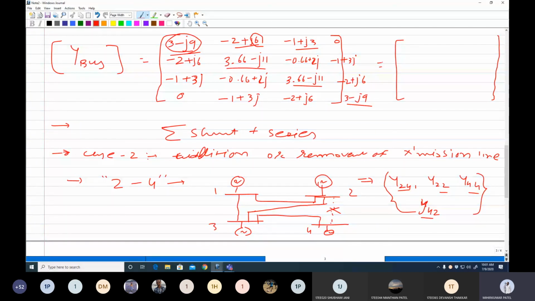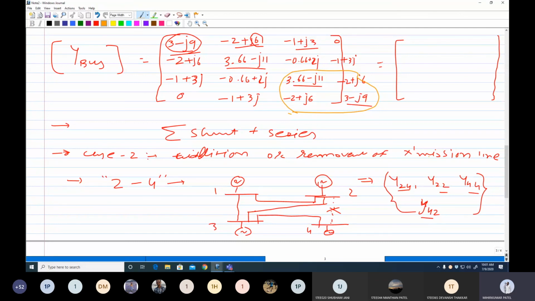As we know, the line between 2 and 4 is removed from the network, so we have to subtract the value of these elements from our calculated matrix. These 4 elements get affected, and the value of Y24 or Y42 is subtracted from these elements. So the rest of the elements remain the same.